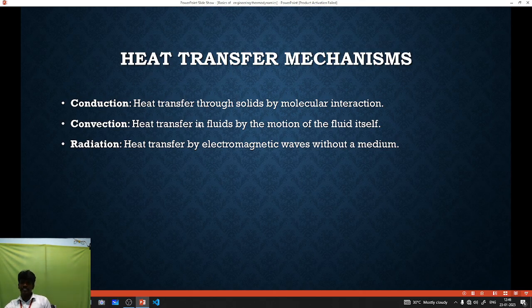Heat transfer in fluids by the motion of the fluid itself is convection. If heat transfer takes place from fluid to solid, or solid to fluid, it is also called convection. Radiation means heat transfer by electromagnetic waves without a medium. In a vacuum, heat transfer appears only by electromagnetic waves, for example ultraviolet radiation.